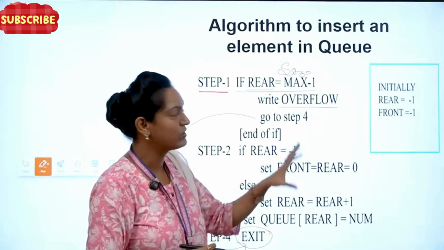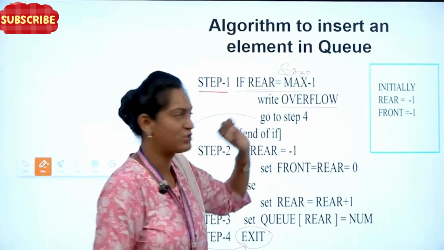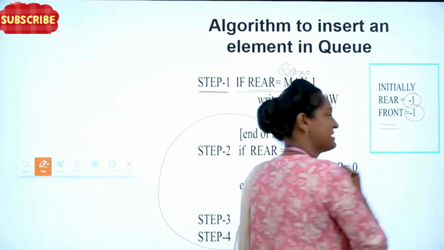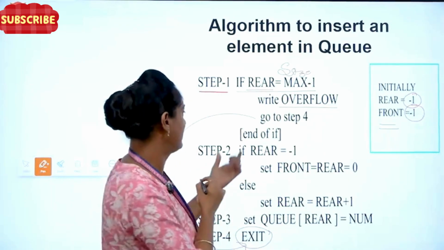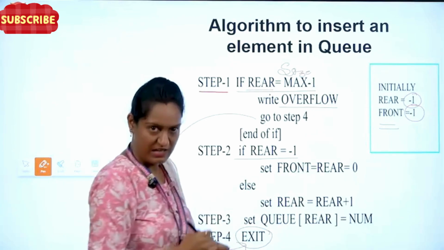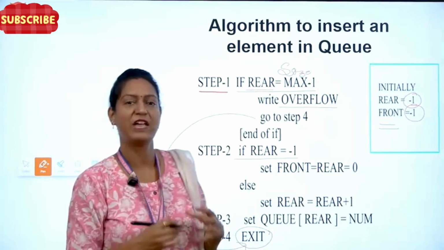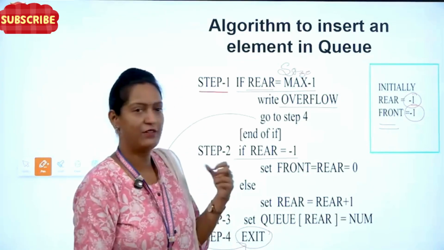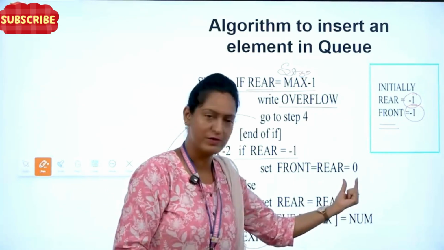Initially, both my pointers are pointing to -1. If this is the condition, then we will check if rear equals -1. If it is true, that means we have a queue but we have not entered any element into it, then we put front and rear equal to 0.